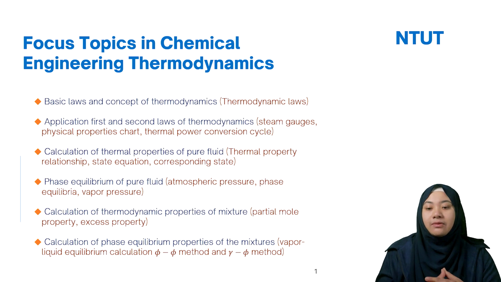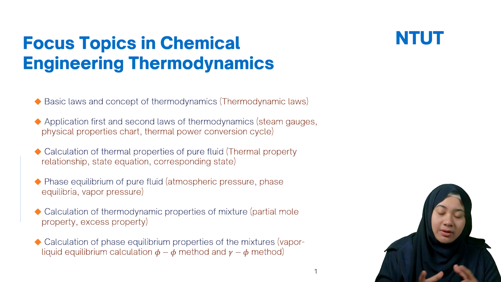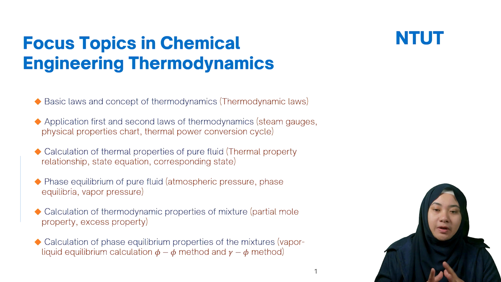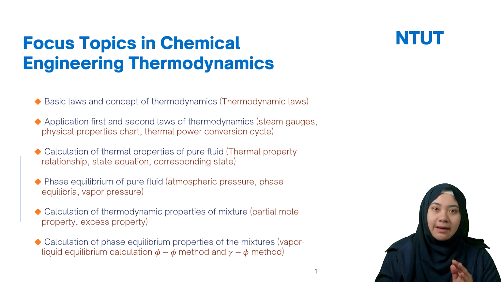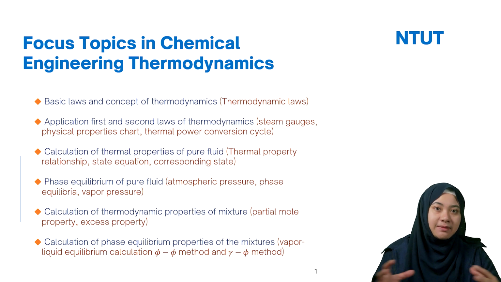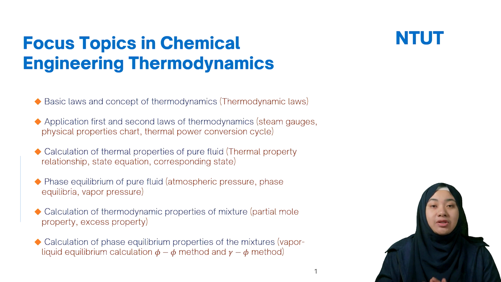So later we discuss in chapter 6 the equations of state, and the other is corresponding states. So corresponding states are regarding the reduced temperature, reduced pressure, and also the compressibility factor. So if you have some specified compound of the same class or similar class, you can see from the charts or you can take them as similar properties.